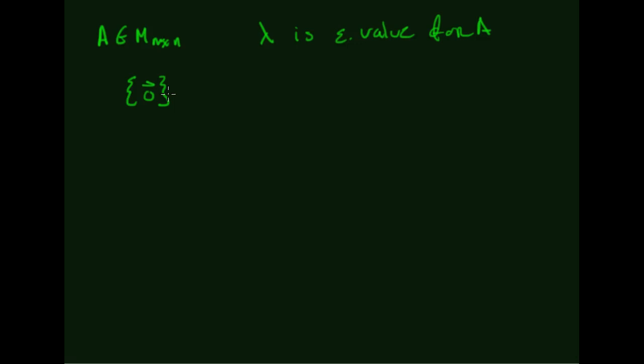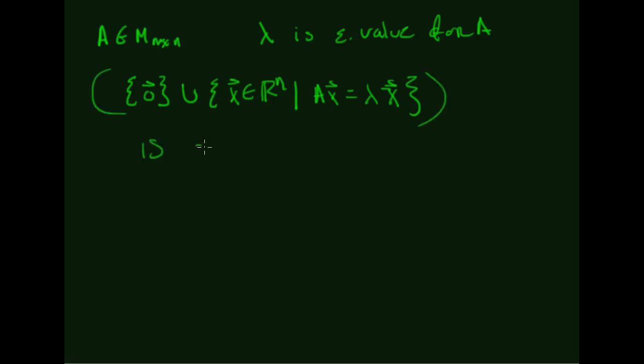So if I union the zero vector with all of the vectors in Rn such that Ax is equal to lambda x, so all the vectors that solve the eigenequation with lambda, the argument here is that this is a subspace of Rn. We're going to call this, you got it, an eigenspace.